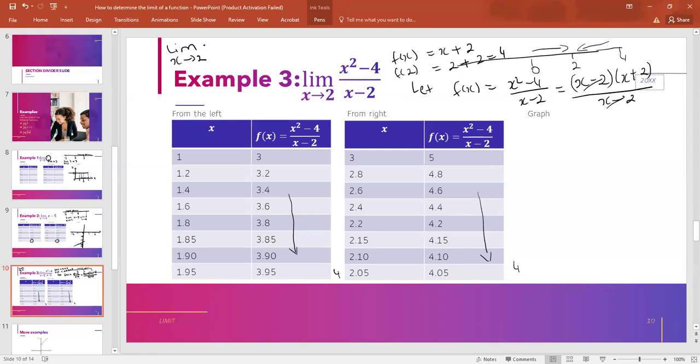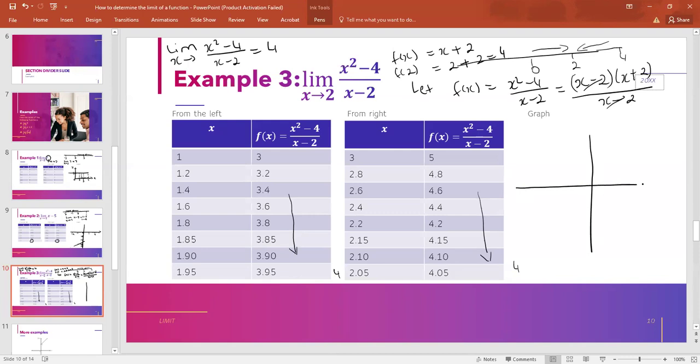So the limit as x goes to 2 of x squared minus 4 over x minus 2 is 4 from this explanation, okay?